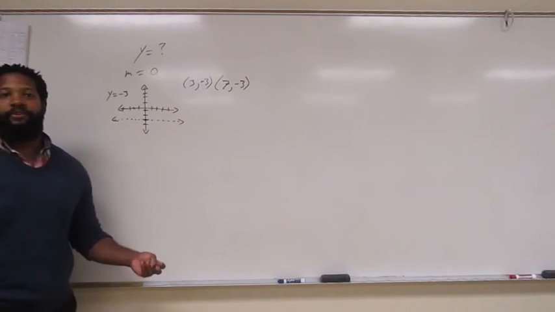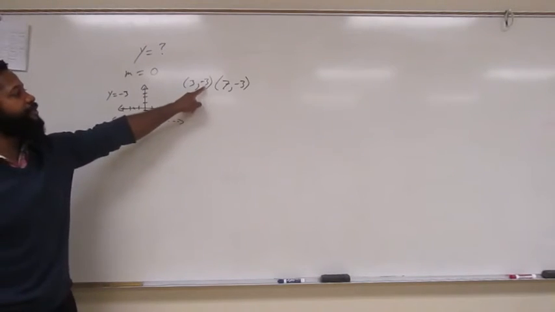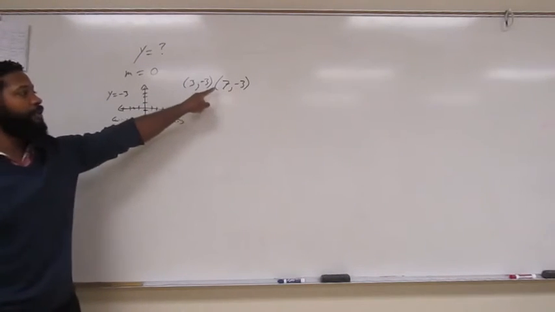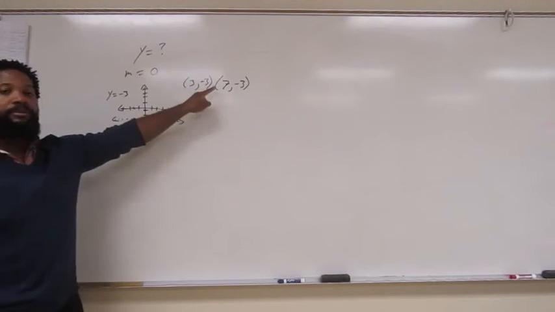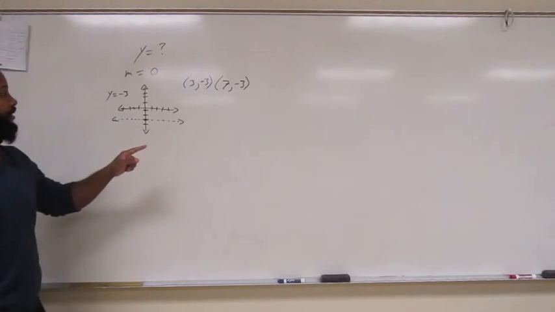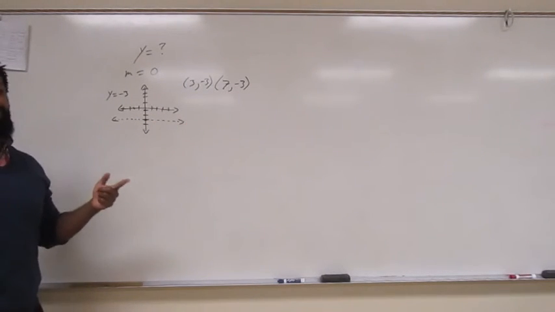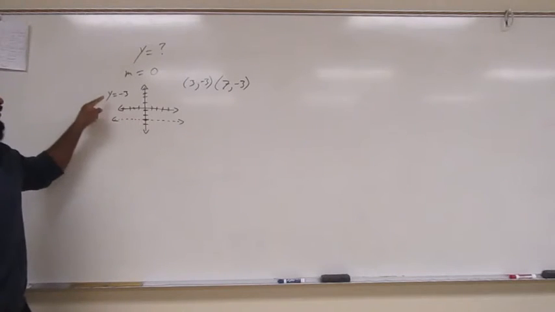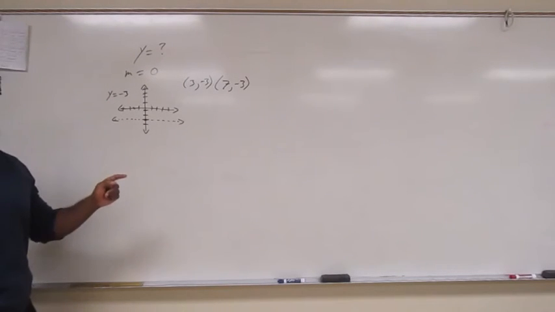I don't care what the formula is. You automatically know that you have -3 for your what? Y's, okay? You have -3's for your y's because it's at -3. That's why y is equal to -3, okay?